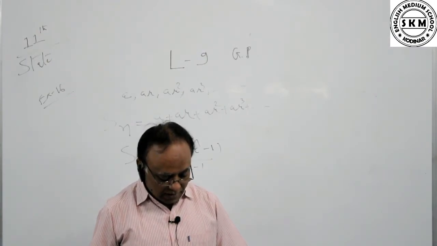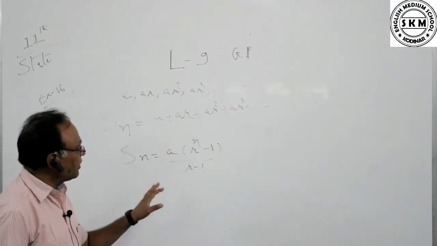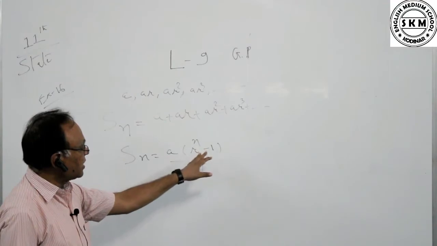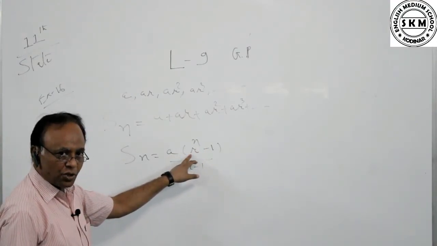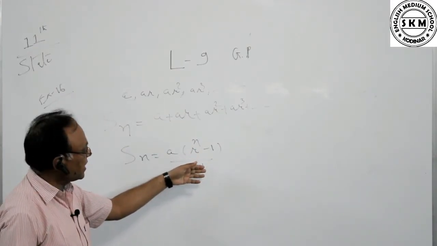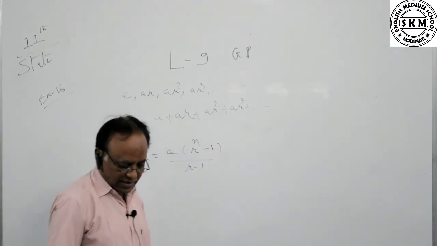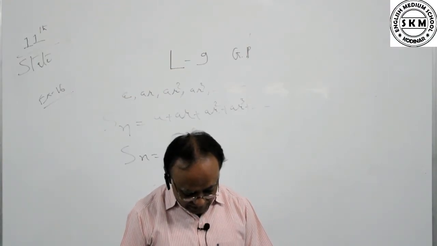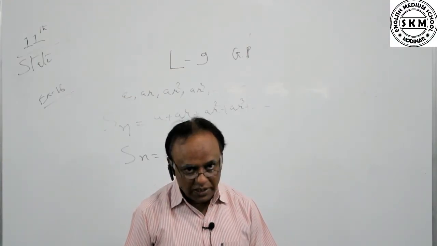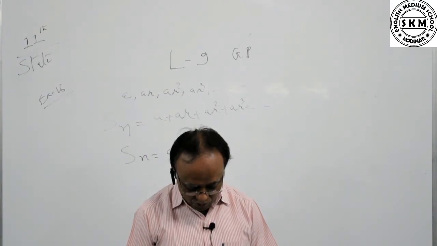You must remember the formula Sn is equal to A into R raised to n minus 1 upon R minus 1. A means the first term, R means the ratio. I have already solved many examples. Apply this formula and you will find the sum of the series. The fifth formula: Sn is equal to R into Tn minus A upon R minus 1, where R is not equal to 1.